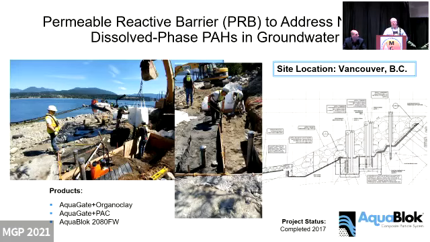They were concerned not just about NAPL or DNAPL, but also dissolved phase contaminants. So they used a combination of organoclay and activated carbon in a treatment train approach to remove the NAPL first and then take care of the dissolved phase.